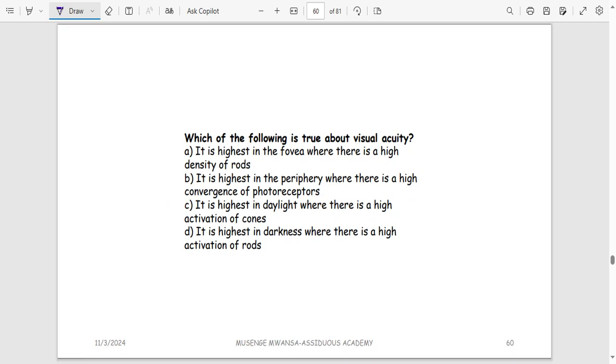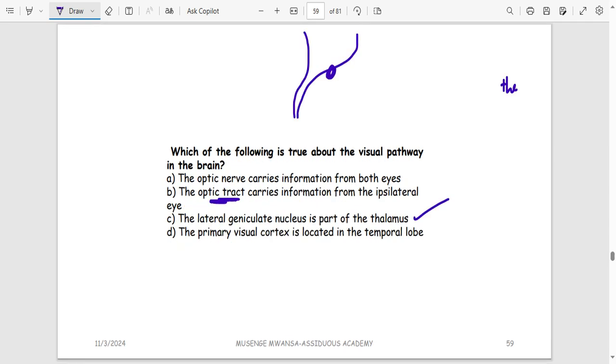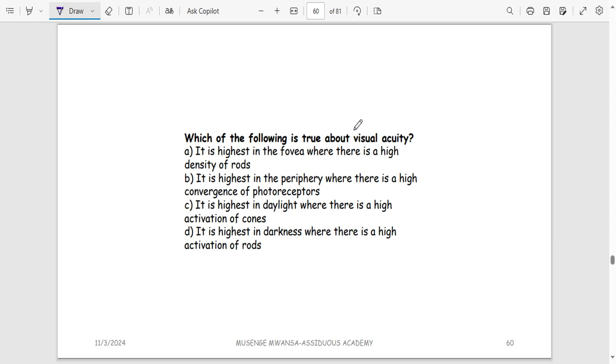Which of the following is true about visual acuity? So we've picked C here. Yes. Which of the following is true about visual acuity? It is highest in the fovea where there is high density of rods. It's highest in the periphery where there is high convergence of photoreceptors.